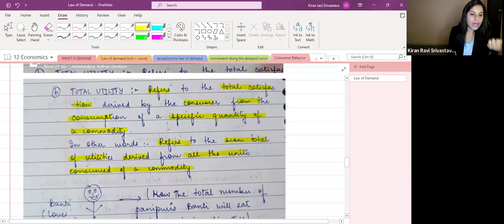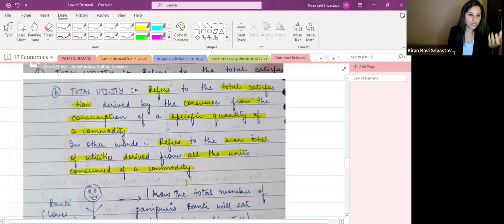But how many ice creams will I consume? For example, I consumed one cone of ice cream, then I took the second cone, and then the third cone. So my total utility will be the sum total of utility which I got from consuming all the three cones of ice cream. That will be my total utility.